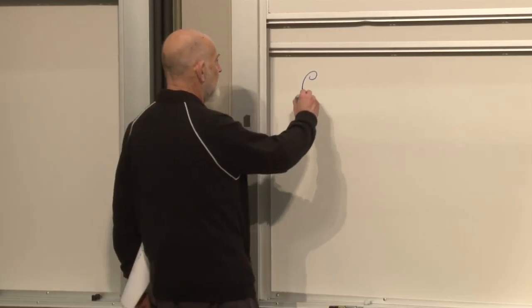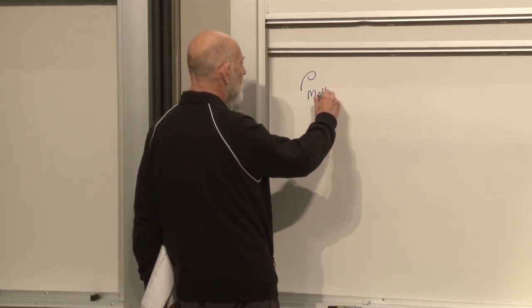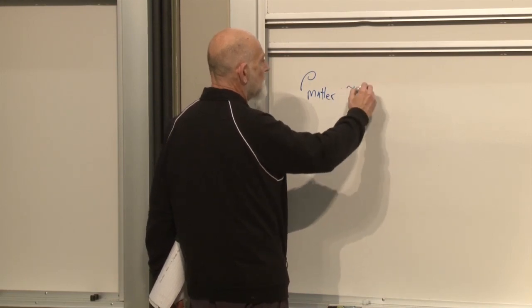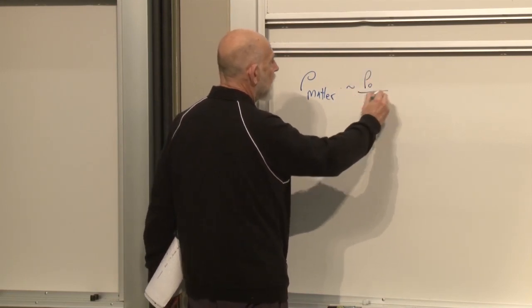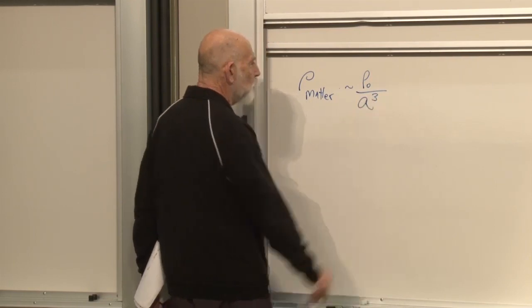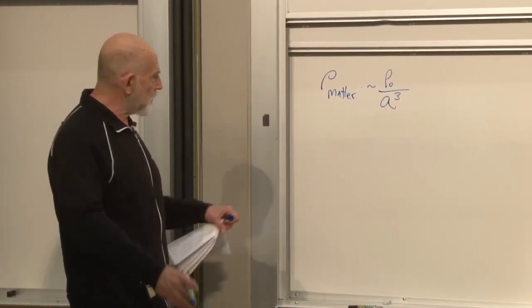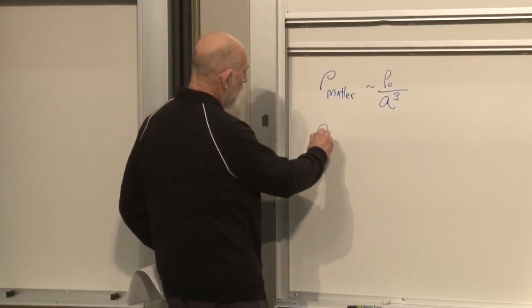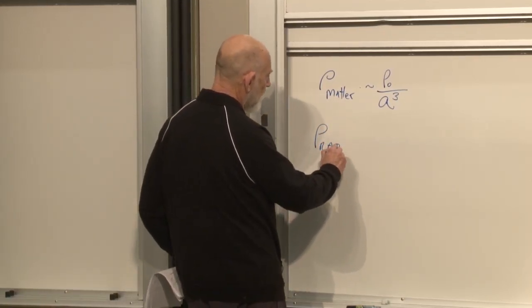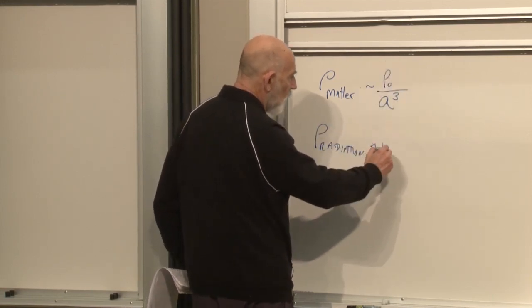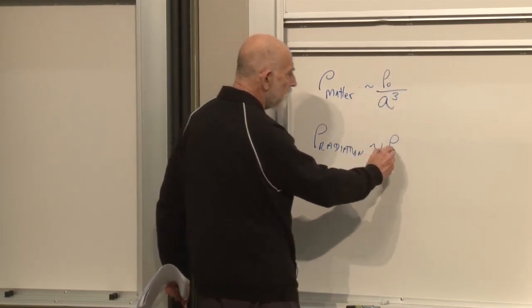The energy density in matter scaled like some constant, let's call it rho naught, divided by the scale factor cubed. That's just the dilution of particles as the universe expands. Whereas rho radiation went like some other rho 1, divided by the scale factor to the fourth.